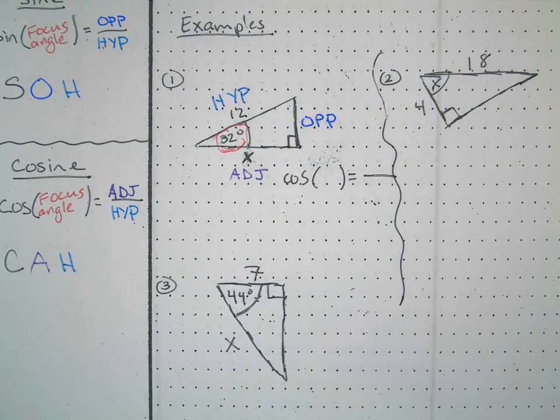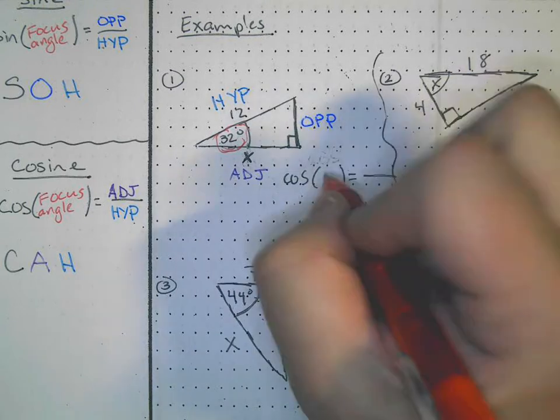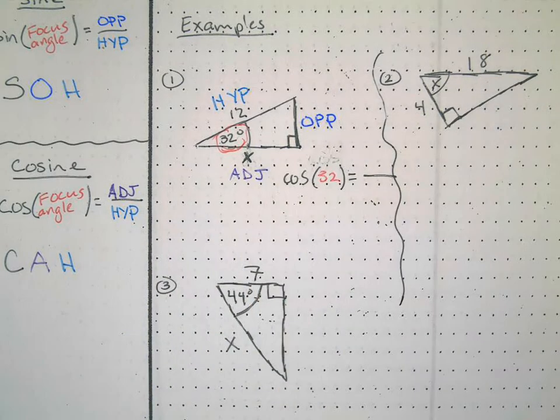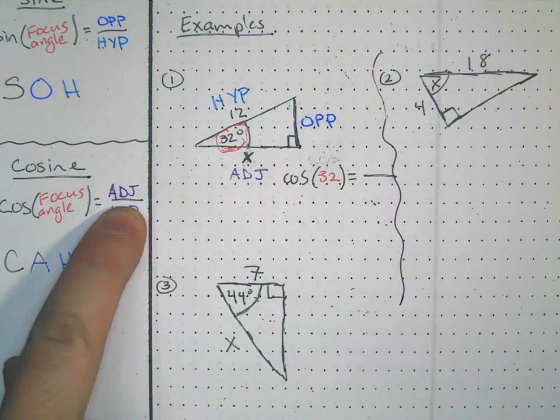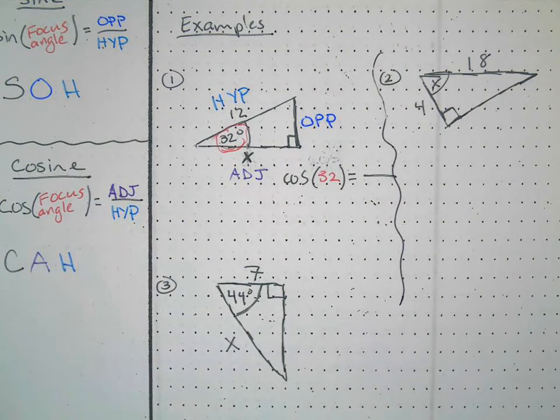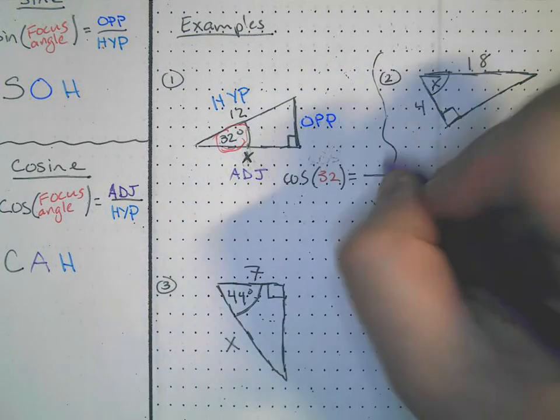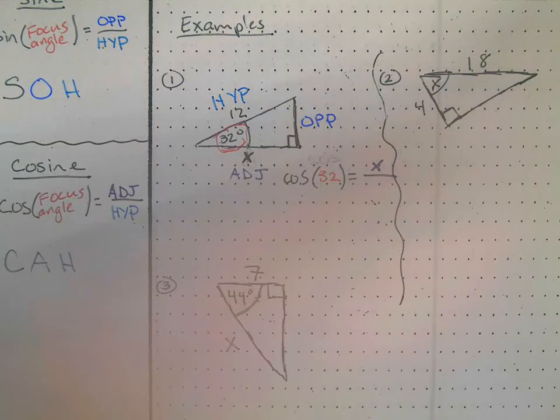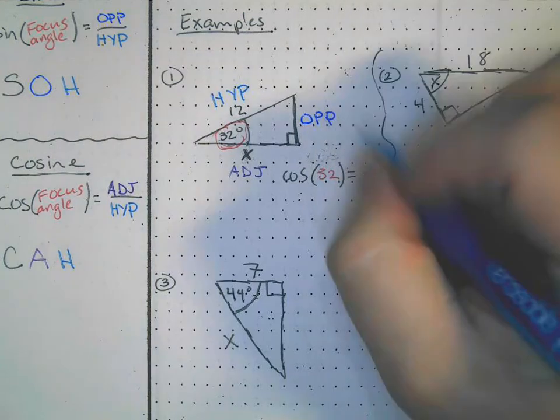So let's plug some things in. Well, I know my angle is 32, so I can plug that in. And then I'm doing adjacent over hypotenuse for this one. So my adjacent side is my x, and my hypotenuse is 12.